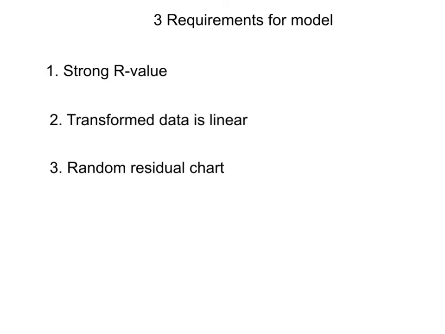It's just showing that there's a pattern where, for example, with every increase in x there's a similar increase in y. Also, you're going to want to make sure that your transformed data is linear, and your transformed data can come from either an exponential model or a power model.